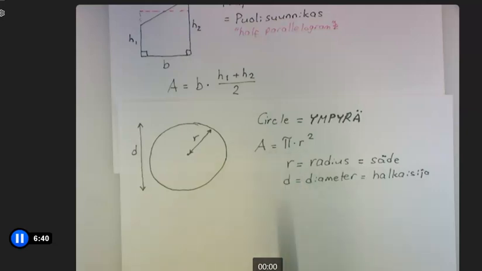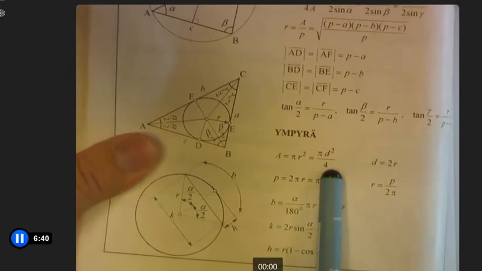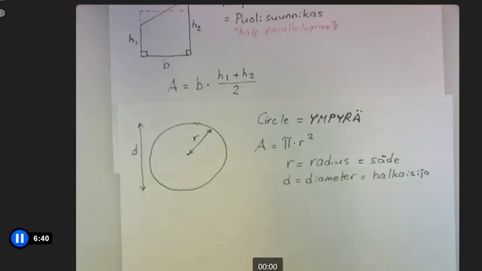I think this is the most common formula for the area of a circle, but many times more useful is this formula, which is written here, and which uses this diameter. Because many times in practical life, when you need to calculate the area of a circle, you don't know the radius, but you know the diameter, or you may measure the diameter very quickly and easily.